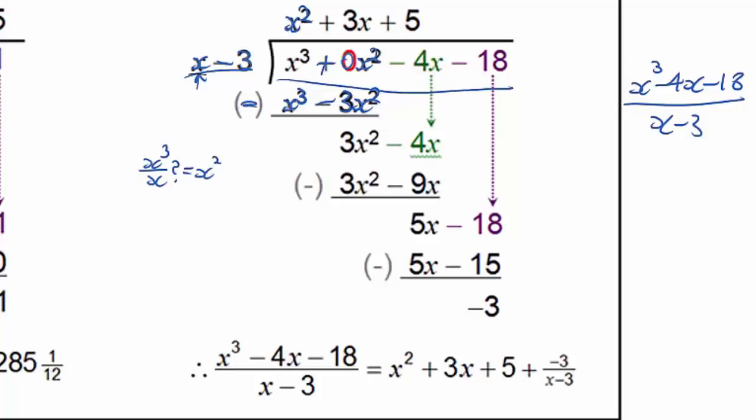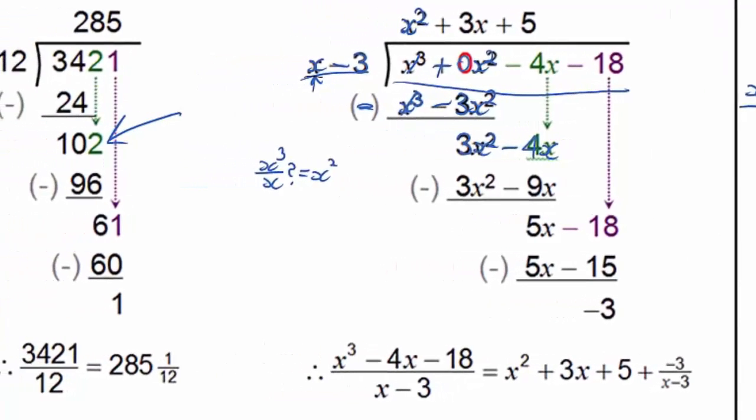You subtract that, which eliminates this, and this becomes plus 3x squared, and this goes down just like dividing numbers.